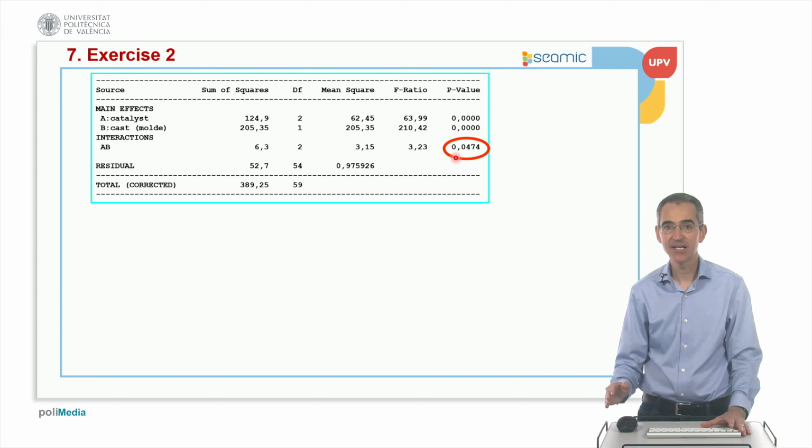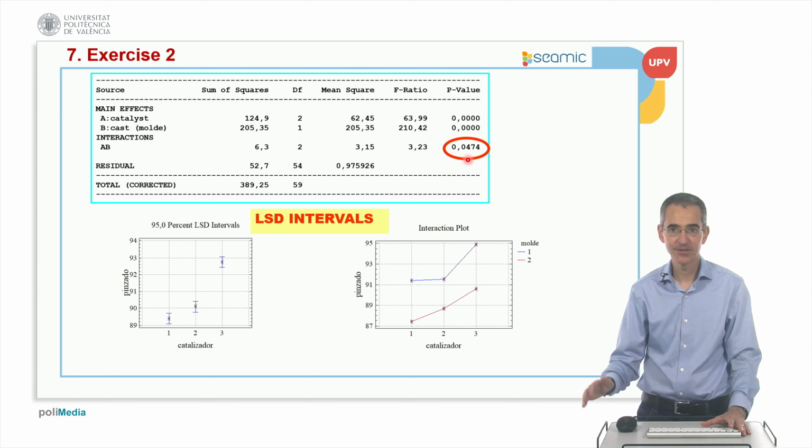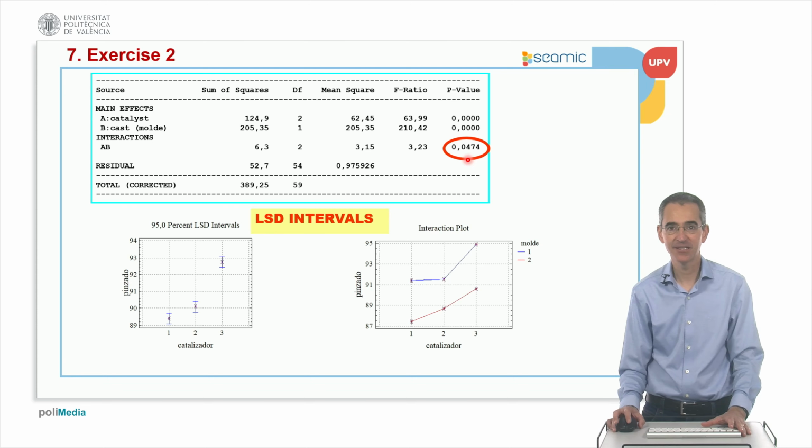But if we say that alpha is 1%, then this p-value is bigger than 0.01. So we will say that we cannot reject the null hypothesis. Okay, but anyway, usually alpha 5% is the most common value here in experimental designs.